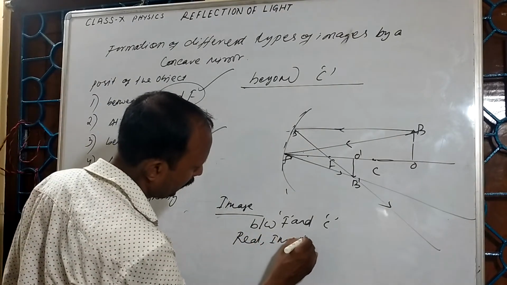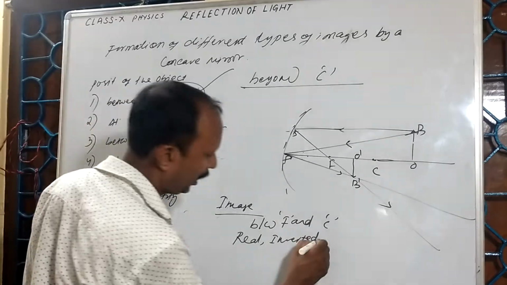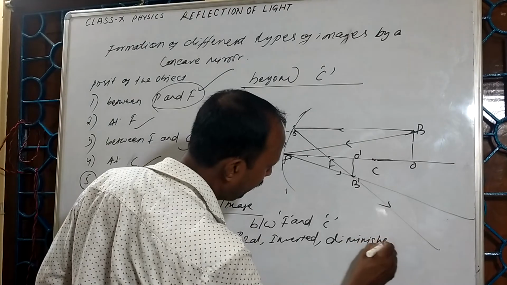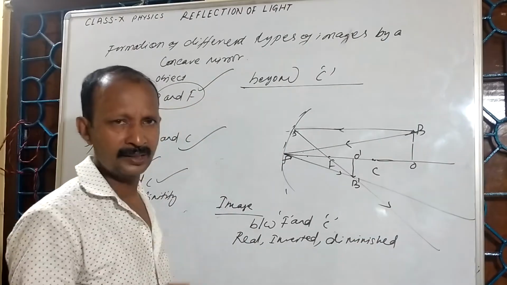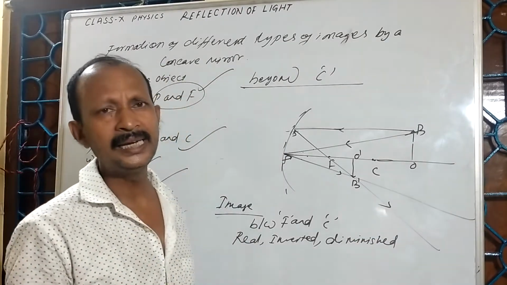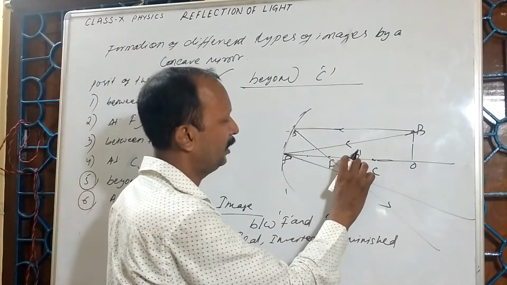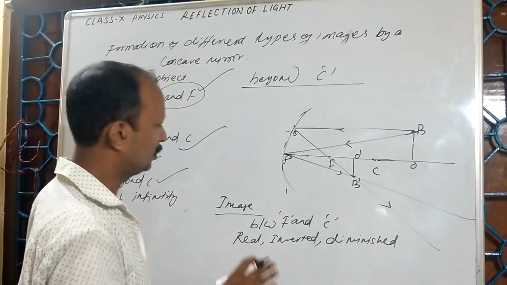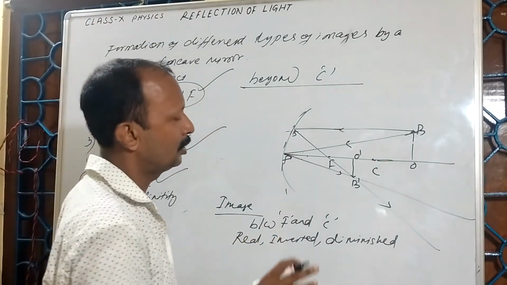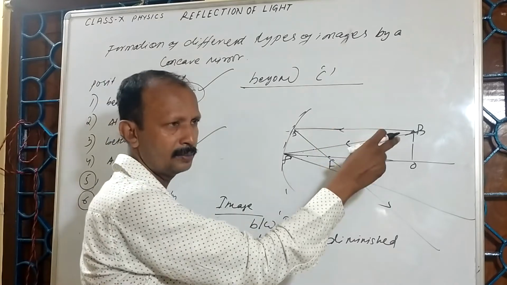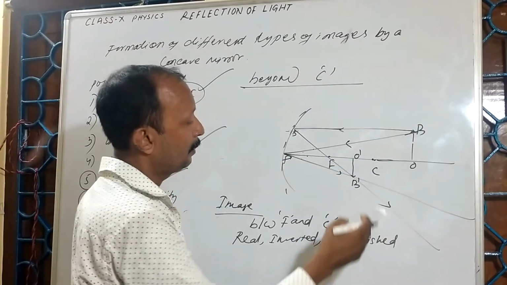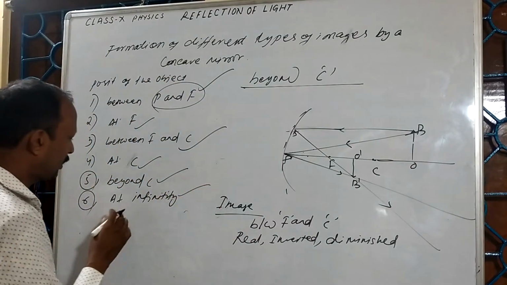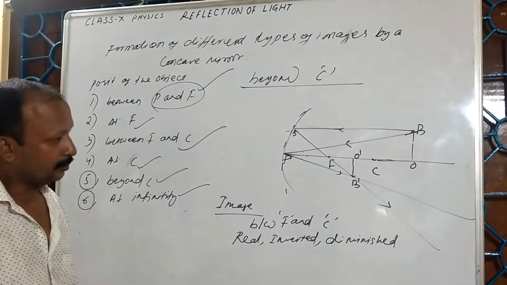It is inverted and diminished. Diminished means small in size. The size of the image is smaller in comparison with the size of the object. So these are the characteristics of the image when the object is placed beyond the center of curvature. So next one is at infinity.